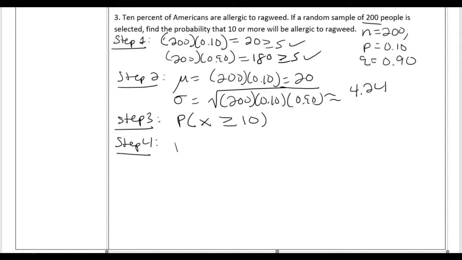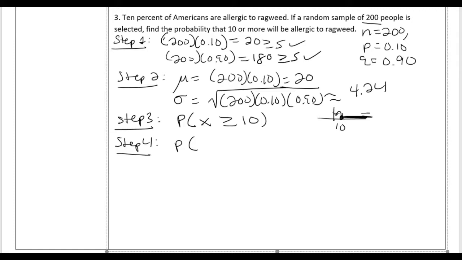Step 4. Write it in terms of the continuity correction and then graph it. So greater than or equal to 10. You can use a table for this, but I like to think through it. You want equal to 10 and greater than 10, so in order to make sure that you actually have 10, you're going to take a little bit before that.